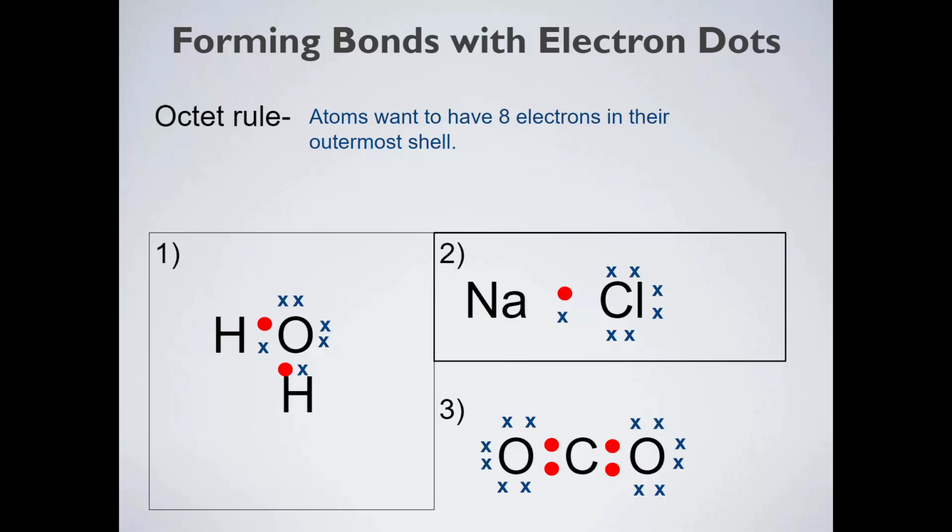They each have 8. Carbon is sharing these 4. Yes, it's sharing these electrons. Why would it share those? Those are next to it. It's just the way they're drawn. All right, I'll show you the simpler way to figure these out.